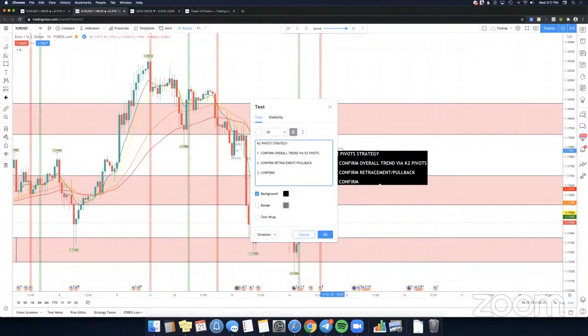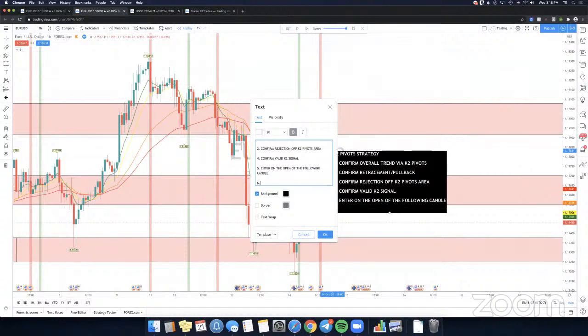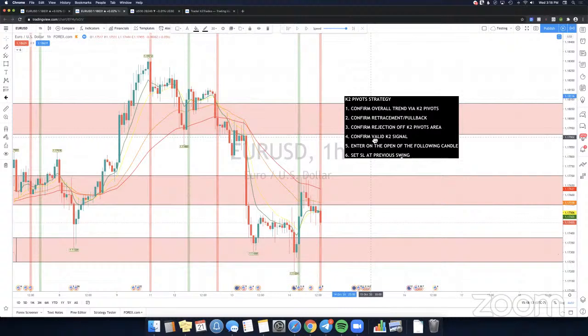Reconfirm rejection off K2 pivots area. And lastly, confirm valid K2 signal. After that, you can enter on the open of the following candle. And lastly, set stop loss at previous swing. So those are the requirements right there.